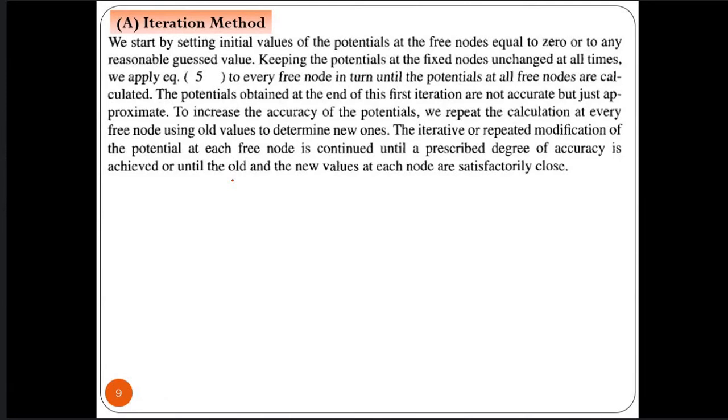In that way, after some iteration steps, your approximated value will be nearly close to the actual one, and your approximation accuracy will be better. So you have to continue this iteration method until you get some satisfactory result which is very close to the actual one. And I think it will be clearer when you deal with some practical example.